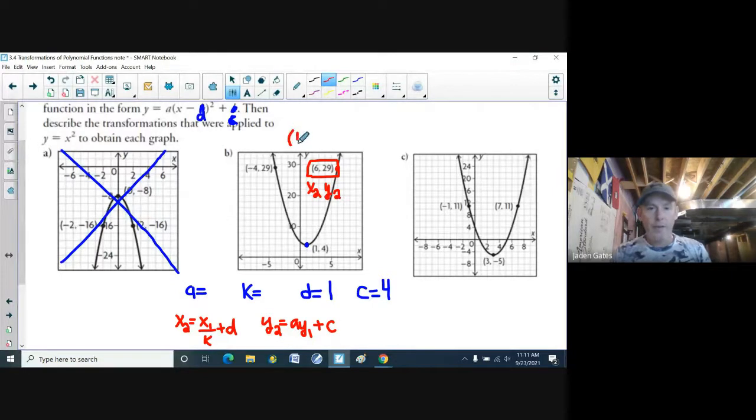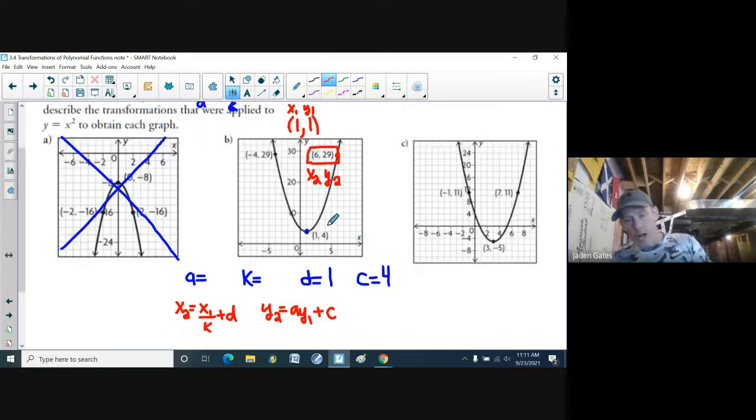If I put a 1 in for x, well, 1 squared is 1. So (1, 1) is our x1 and y1 that we're comparing it to. That 1 point to the right on the original quadratic would be (1, 1). The transform point is (6, 29).